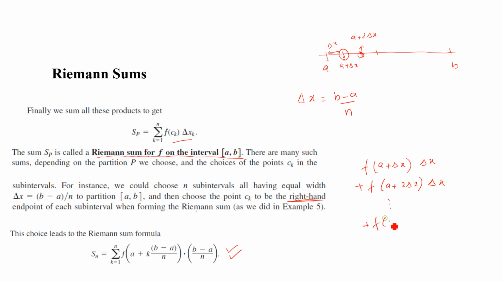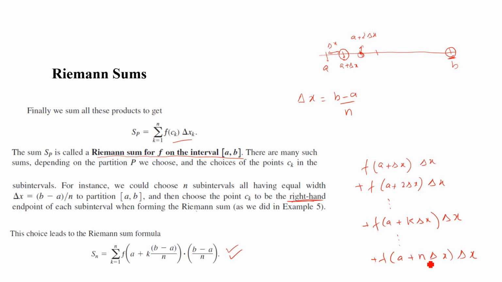The kth is f of a plus k delta x times delta x, and so on. The last point will be b, and b is equal to a plus n times delta x. So plus f of a plus n delta x times delta x. All these products are added like this.